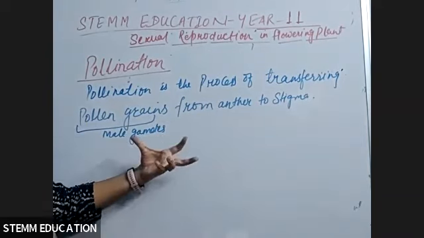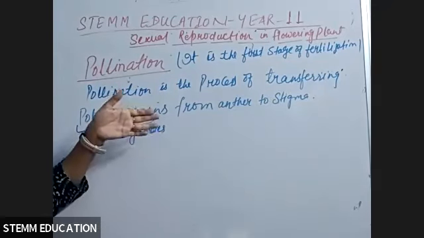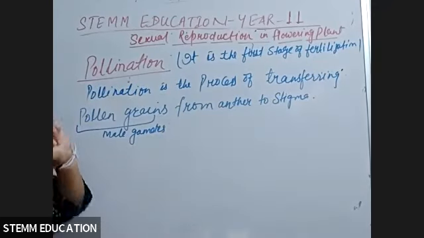For example, there are many insects like honeybee and other kinds of insects, like a red insect with a black spot on it. I just forgot the name. There are several insects which carry pollen grain from the anther to a stigma.